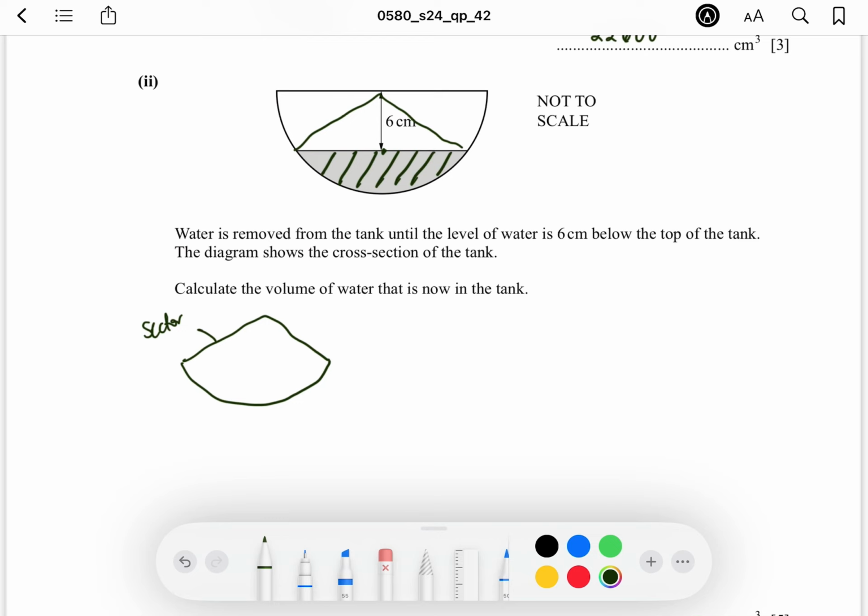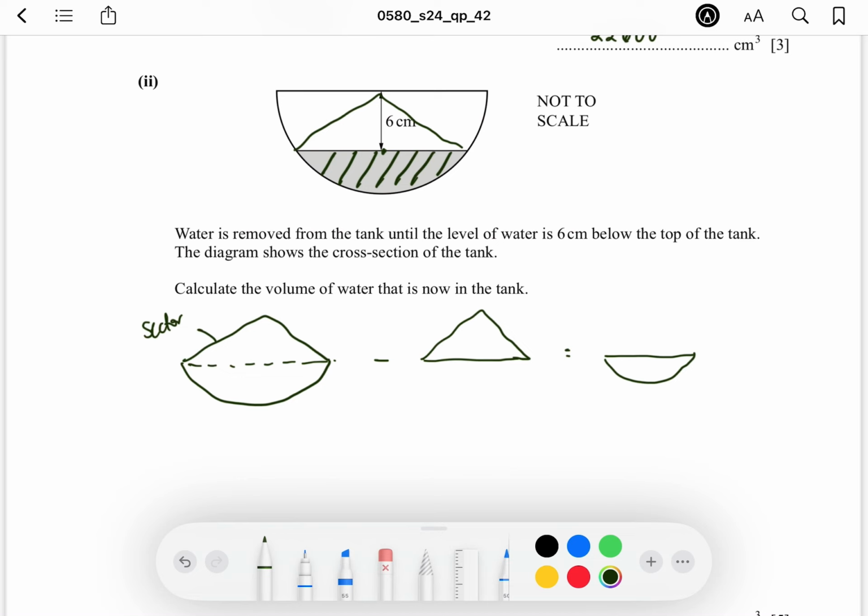Then you minus the area of the triangle, and then you get the part at the bottom.